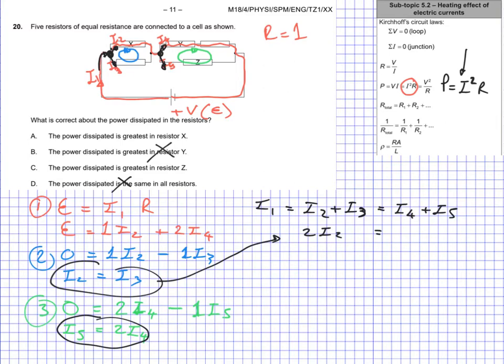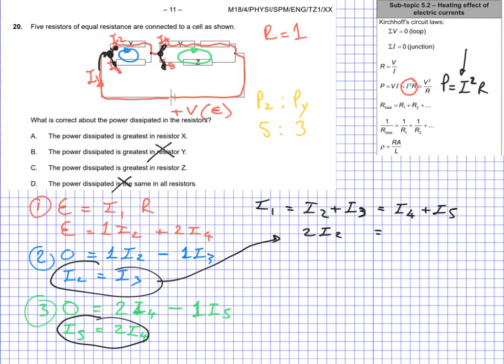And then remember, we're trying to compare X to Z, because we've eliminated Y. Y is less than, in terms of power, Y is going to be less than Z. And just recall that we'd said when we were comparing the power of Z to the power dissipation of Y, it was a 5-to-3 ratio. Okay, remember we did that before?